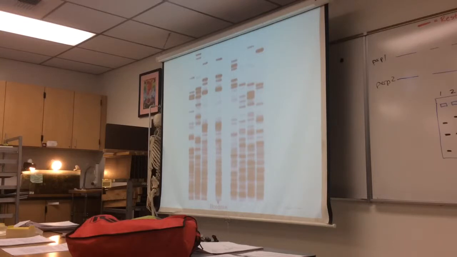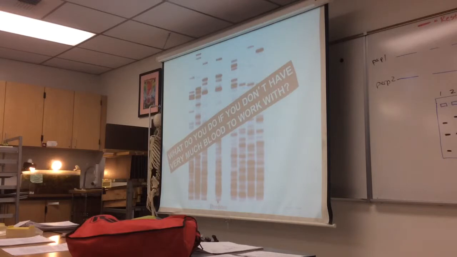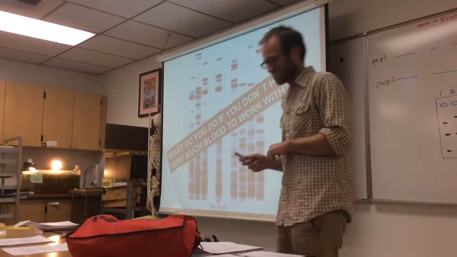Not enough to actually do this. What do you do? The other methods don't work as well. Fingerprinting, blood typing? Could you copy their DNA? Yes, indeed you can. So you can use this technique. Very good question. Very good point.